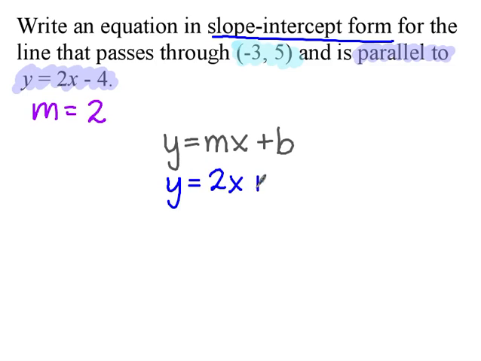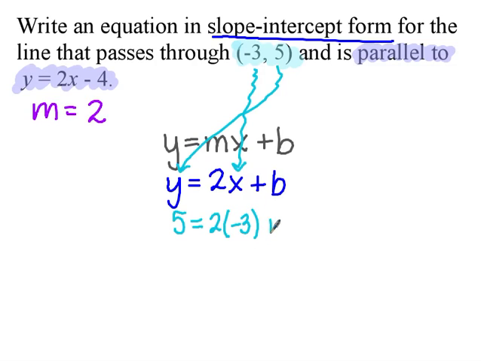So I've got 2x + b. Now I'm going to take that point. Remember, I'm going to plug in -3 for x and 5 for y. So 5 = 2 times -3 + b.